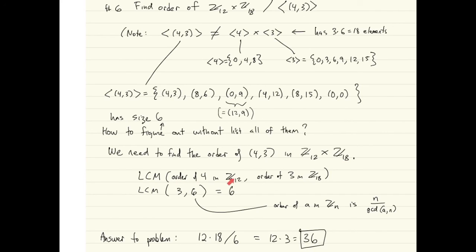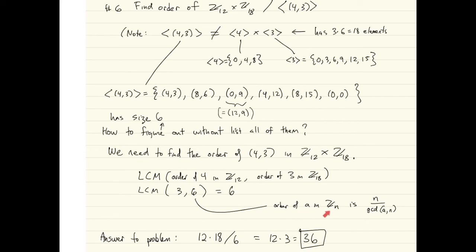And how to find these orders? Well, the order of 4 in Z12, you can just think about that quickly, like 4 plus 4 plus 4 is 12, and that's 0, so it's 3. The order of 3 in Z18 is 6.